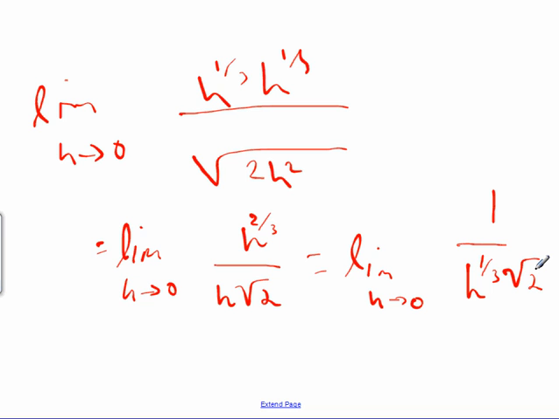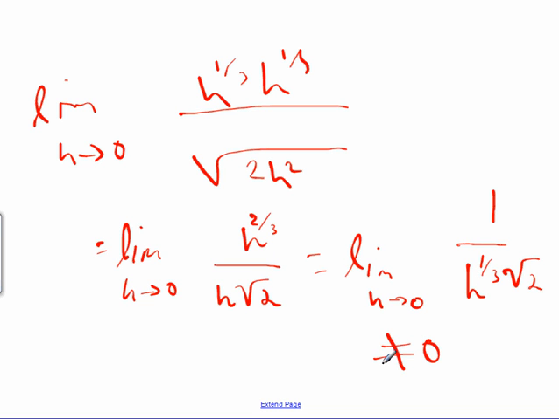And what we see is since we have h in the denominator here, as h gets close to 0, this is actually going to get bigger. So this limit does not equal 0.